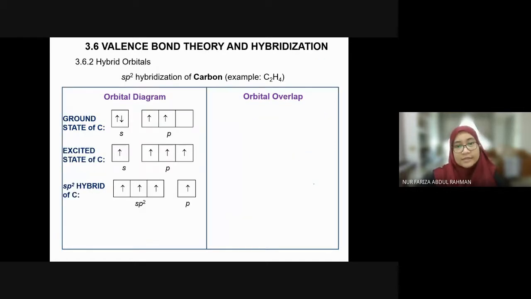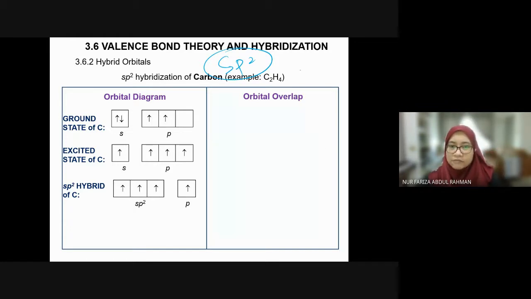And then what happens if we have double bond? Still sp2, guys. This is still sp2, but this time around sp2 with multiple bond ataupun sp2 with double bond. Example we have C2H4, right?